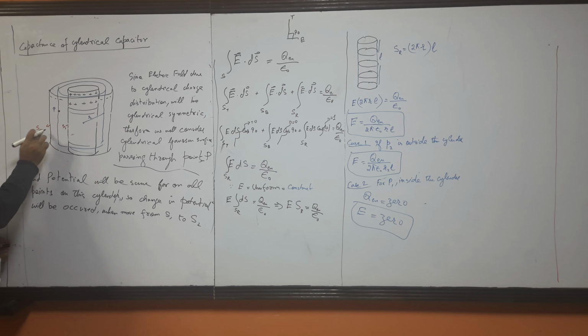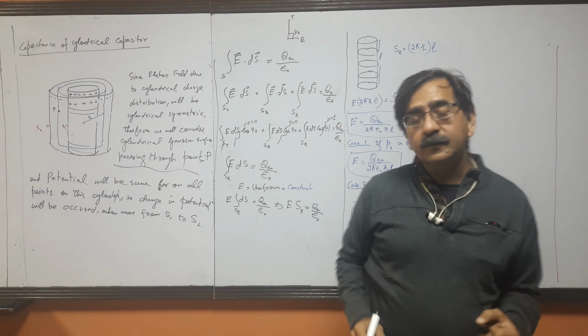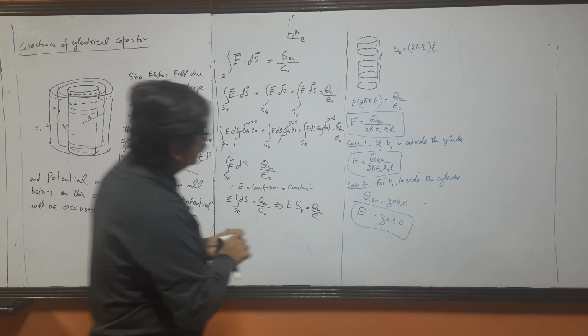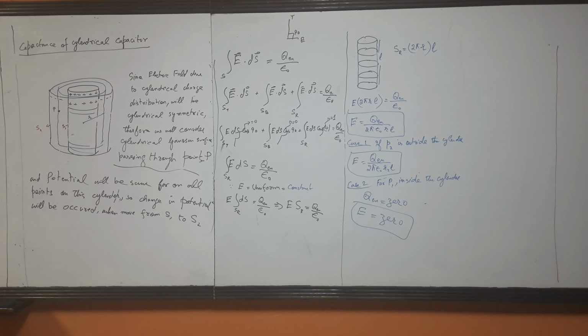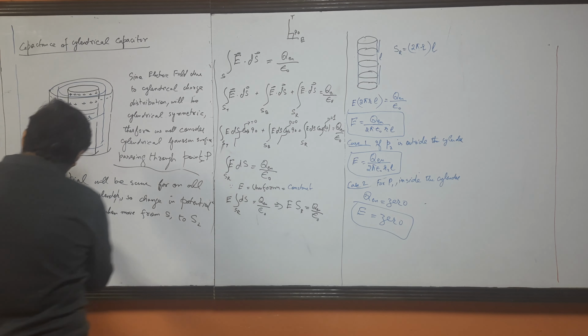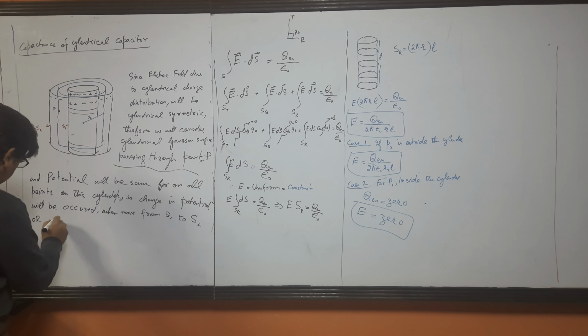Cylinder 1 to cylinder S2. Okay, so delta phi will be changed.